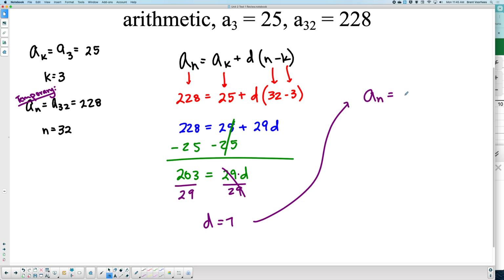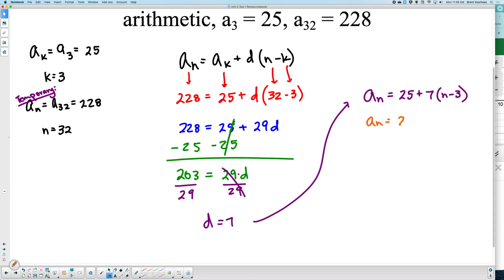So it'd be An equals, what did we say Ak was? 25 plus, what's our common difference? 7 times (n minus 3). You could leave it like that. You could actually simplify if you wanted to. I'm kind of doing extra now. What could I do with this 7 in the parentheses?